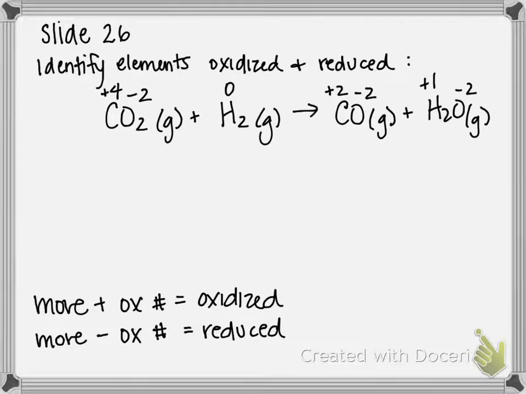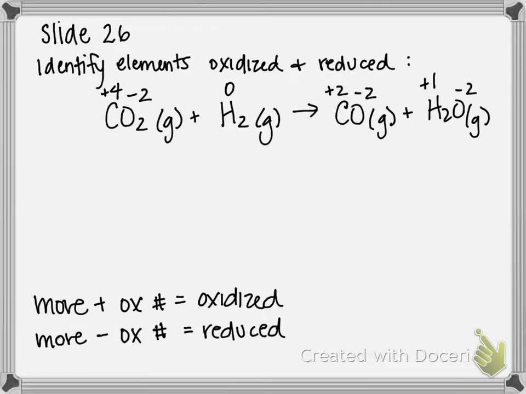So now we're going to look and figure out what's being oxidized and what's being reduced. So here's where you look at the elements between sides and figure out if anything is changing oxidation numbers. So first thing I'm going to look at is carbon. On the reactant side, it's +4 oxidation state. On the product side, it's +2. So we're getting more negative here.